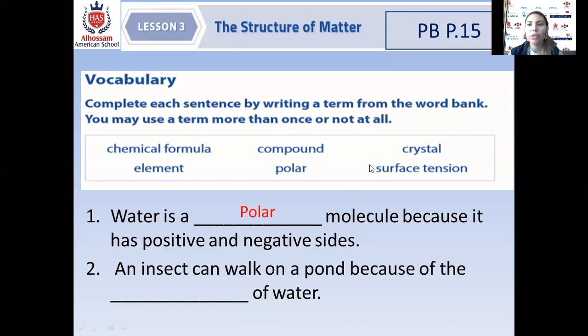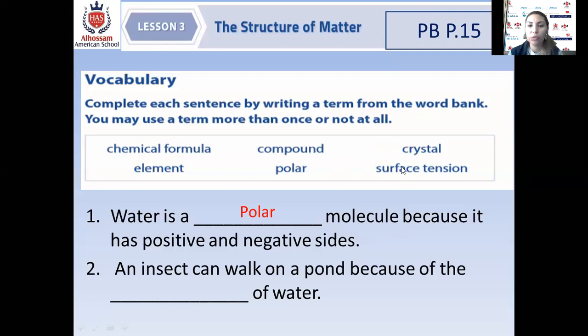Let's take number 2. An insect can walk on a pond because of the blank of water. You can choose one from here.